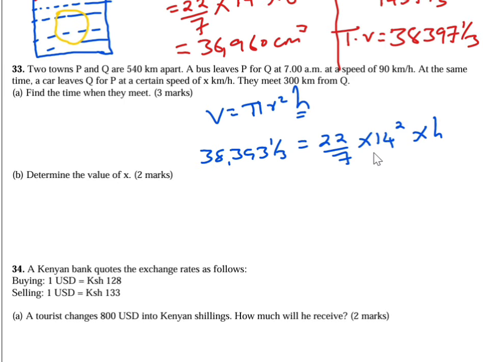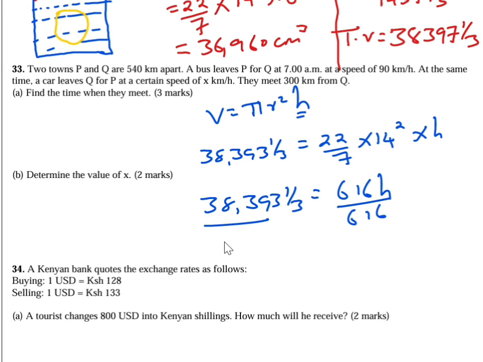We're going to multiply on the right. 22 over 7 times 14 squared gives 616. So we can say here we have 38,397 1/3 is equal to 616h. So to get height, we divide by 616.